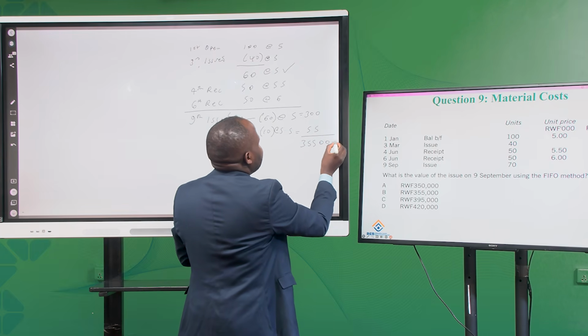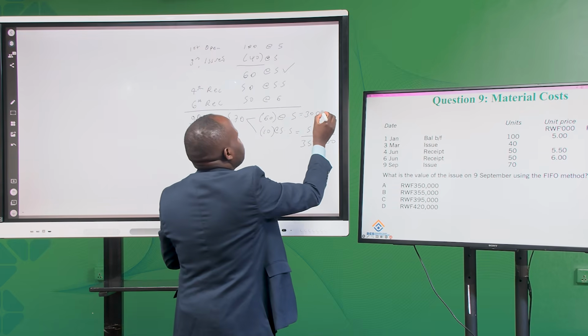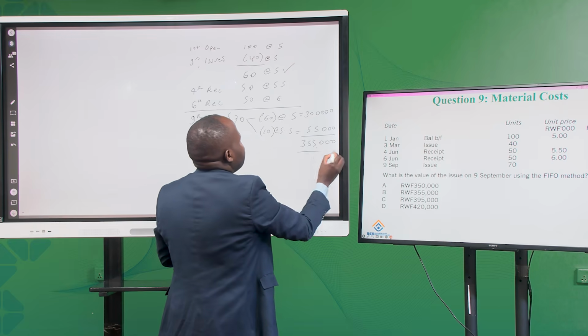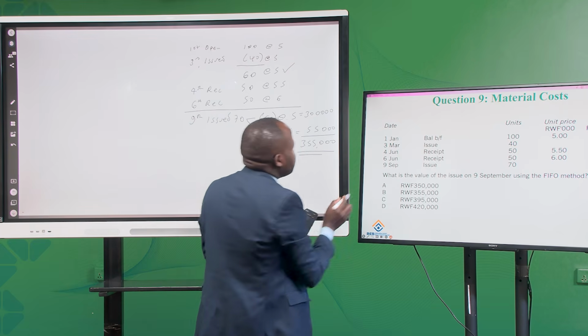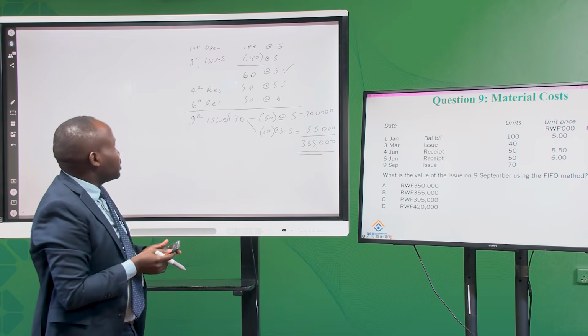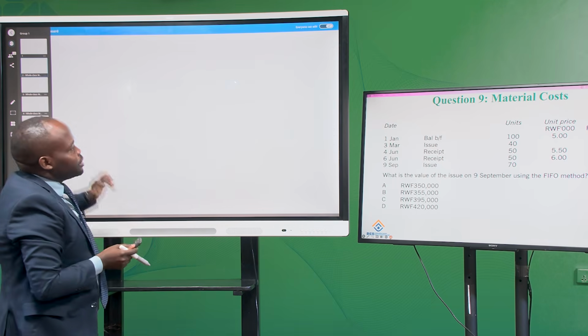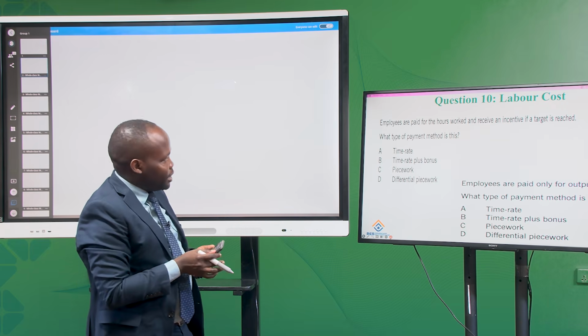But remember, there were 3 zeros there. We add them back. So this will be 300,000, this will be 55,000. So our answer is 355, which is B. So in that question, our answer is B. Let's go to the next question, question number 10.